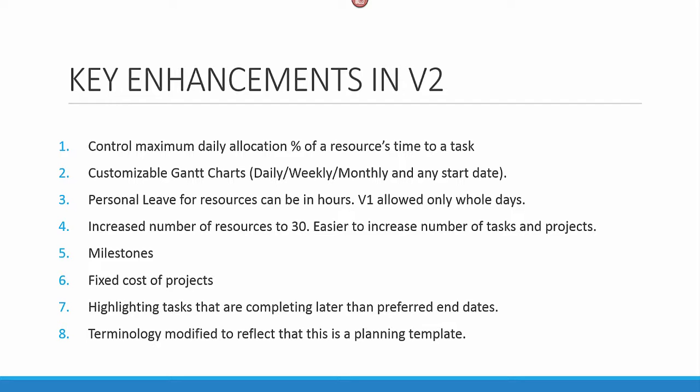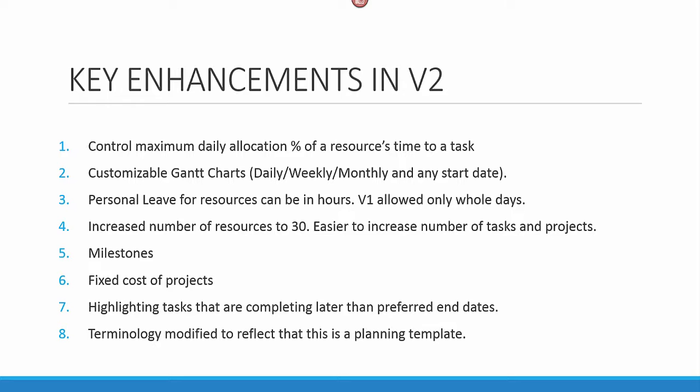The tasks that are completing later than the preferred end dates are better highlighted in the template now so that you can visually easily see such types of tasks. The terminology used in the template has been modified a little to reflect that it's only a planning template and it's not really a management template, which is tracking the actual progress of the project.